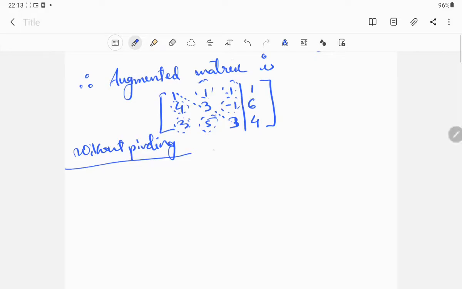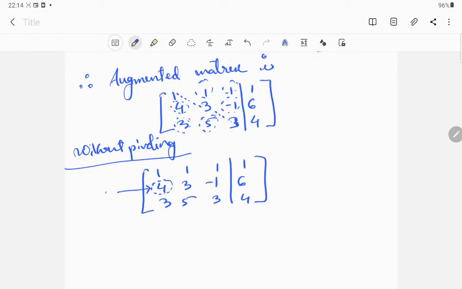The augmented matrix goes like this: 1 1 1 4, 3 minus 1 3 5, 3 and then 1 6 4. First, I will make this entry equal to 0. To do that, I can do R2 goes to R2 minus 4 R1.